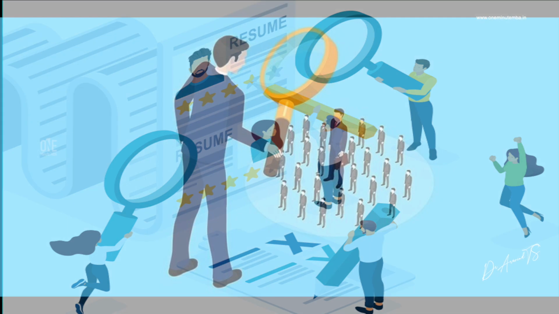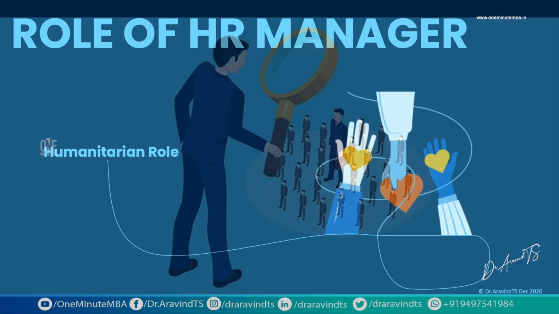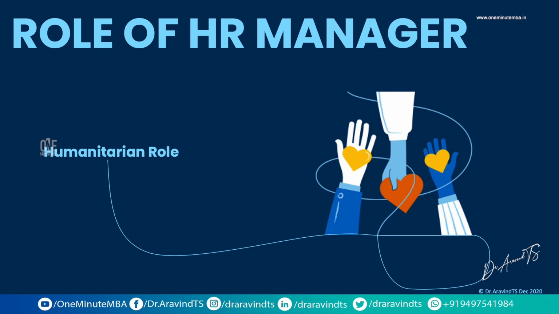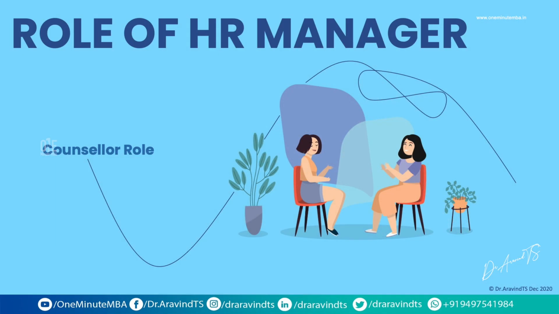Do you know what roles are played by human resource managers in an organization? The first one is the humanitarian role, reminding of moral and ethical obligations to employees. The second is a counselor, consulting employees about marital, health, mental, physical, and career problems.